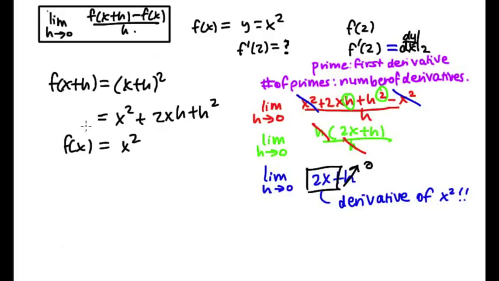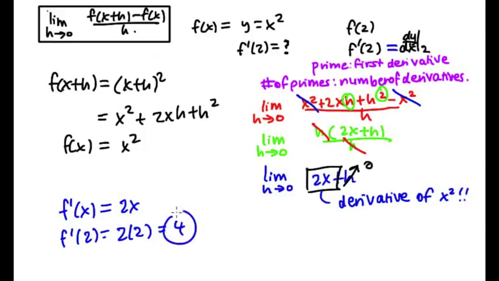So since f prime of x is equal to 2x, now we can evaluate f prime of 2, which is 2 times 2, which is 4. So the slope of x squared when x equals 2 is going to be 4.